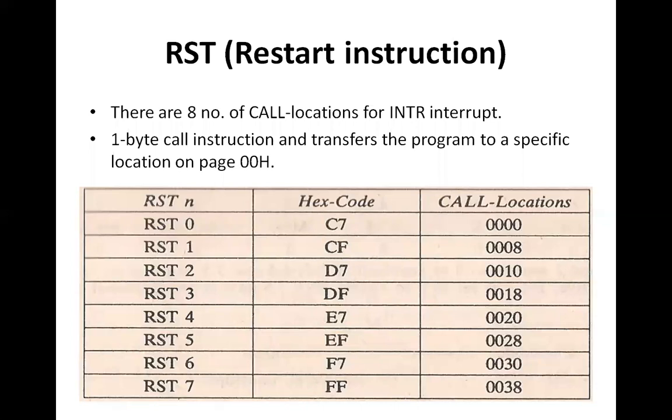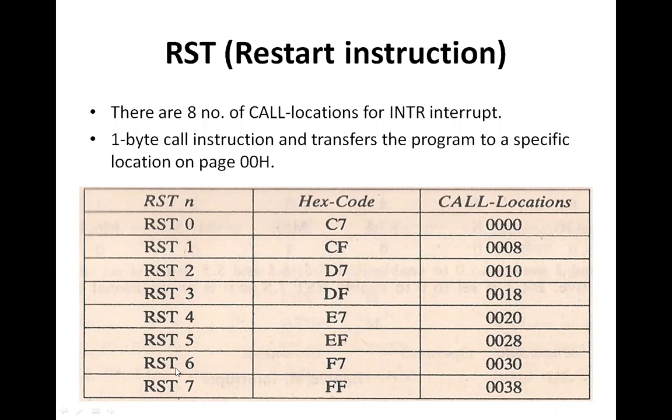Now, these RST instructions are associated with the INTR interrupt. So you can say that there are 8 call locations for the INTR interrupt. And this figure shows the different call locations.